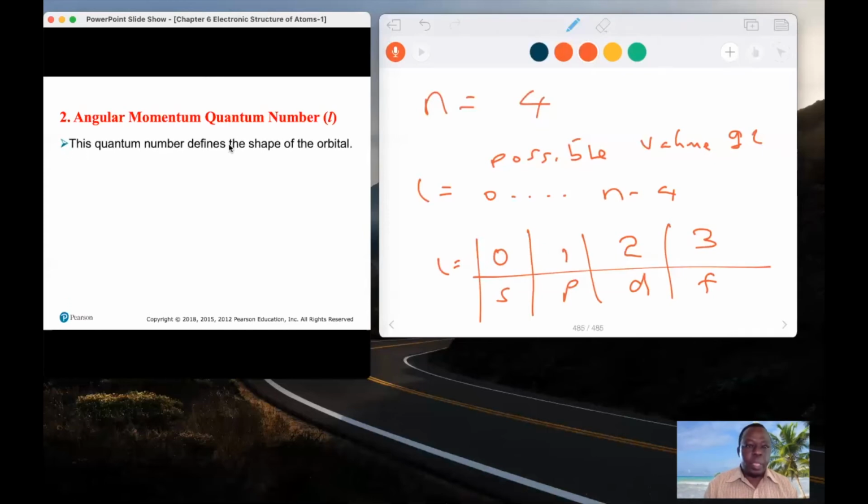These represent the shape. Quantum numbers define the shape. You need to know what each one of them represents. In this case, l is the shape. Remember s, spherical. Remember p orbitals, they are dumbbell shaped.